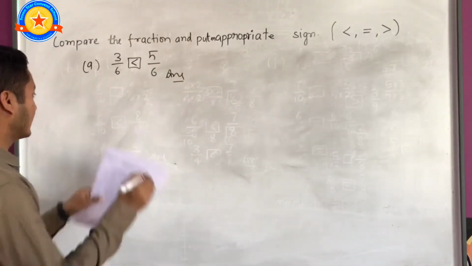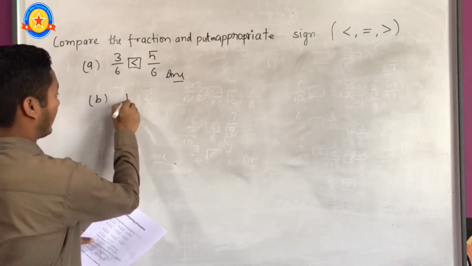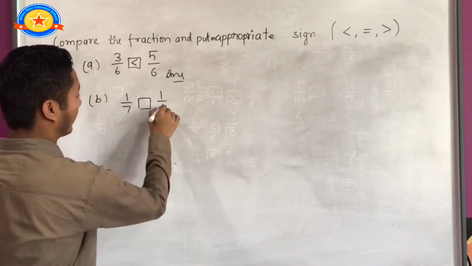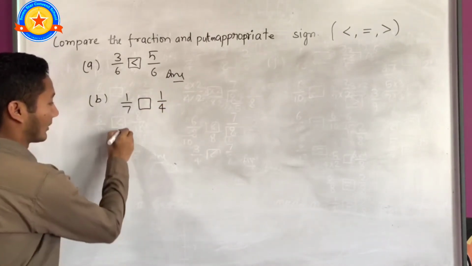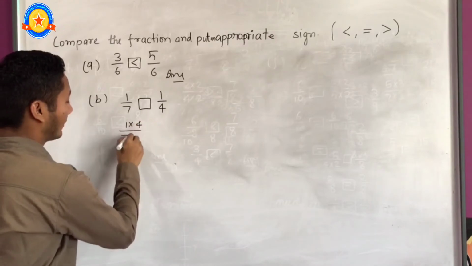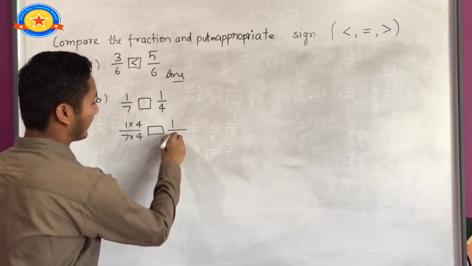The second case is B part. 1 by 7 blank space 1 by 4. 1 by 7 should be multiplied by 4 and 1 by 4 should be multiplied by 7.